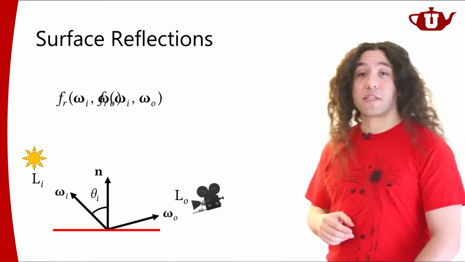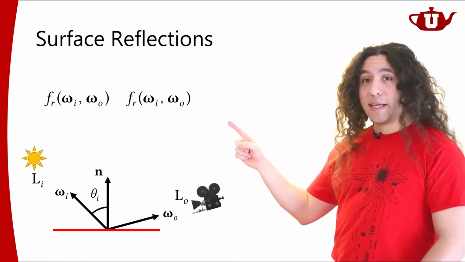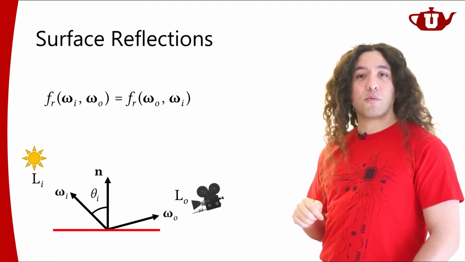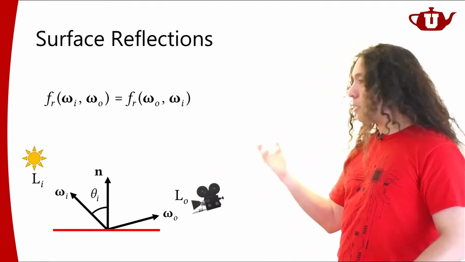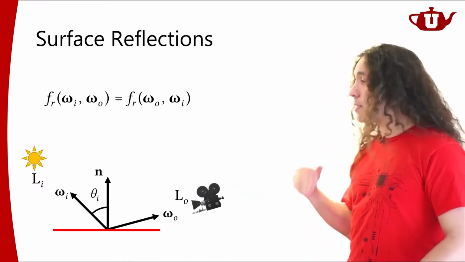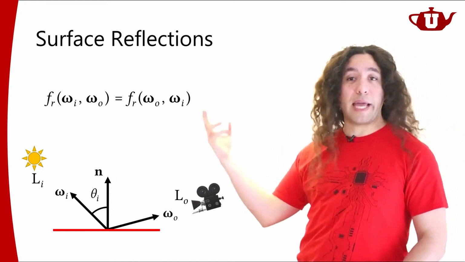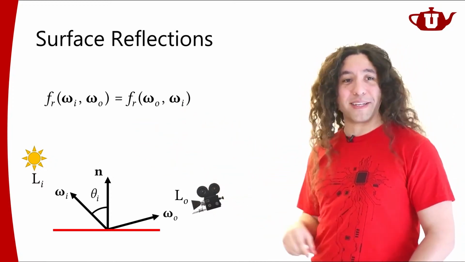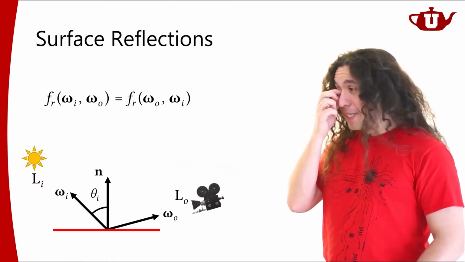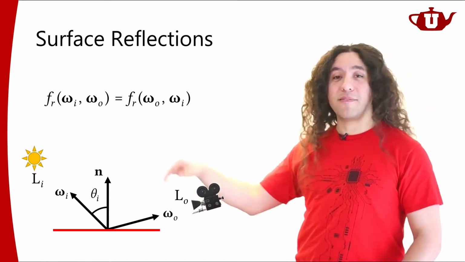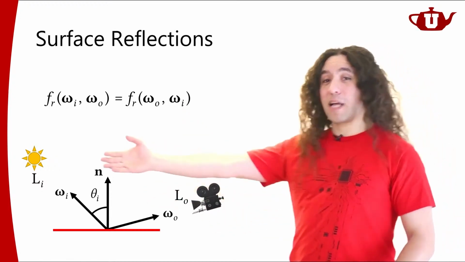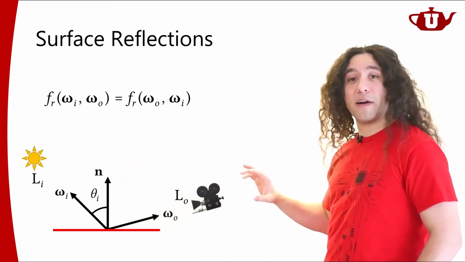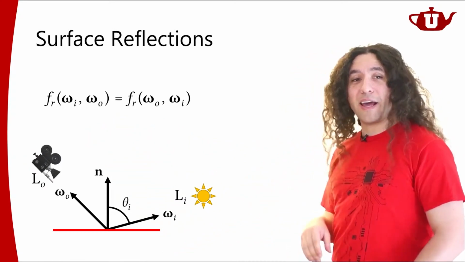Another interesting property of this function is that if I swap the order of incoming and outgoing, it won't matter. So for a realistic BRDF, it's going to produce basically the same result regardless of which order I provide these directions. This means I'm going to get the same reflectance value if the light is coming from the omega I direction and reflected in the omega O direction, or if I swap the light and the camera.